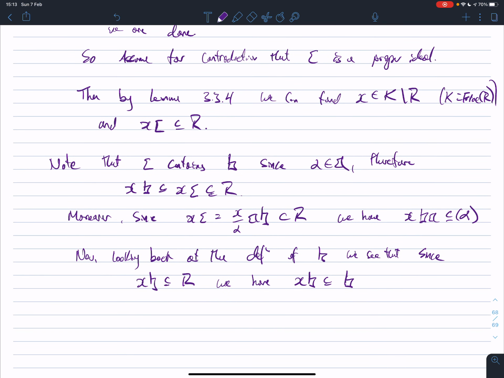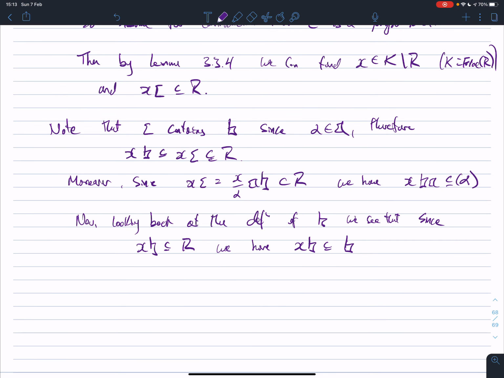If you think of multiplication by x as a map, then we can study this map and arrive at a contradiction. So I'm going to let beta 1 to beta n be a basis.